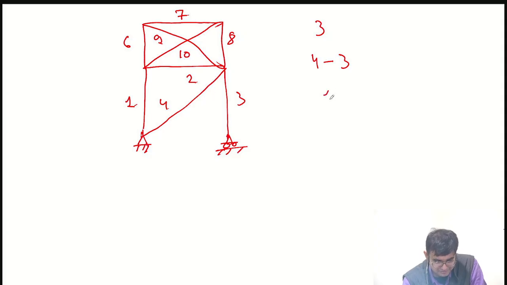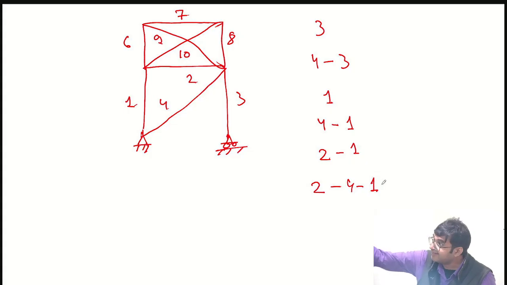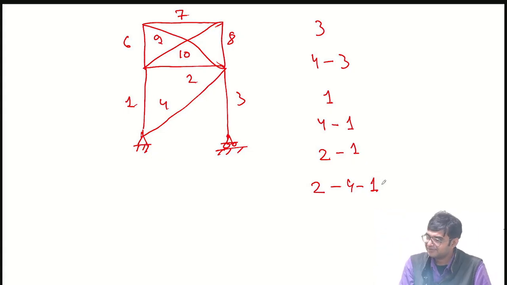So the third path is 1. 4 fails, then 1 fails. Collapse. 2 fails. It need not collapse. If these joints are strong enough, it need not. So 2 fails, and then 1 fails. 2 fails, then 4 fails, then 1 fails. You can understand how many paths there can be. And I can start from the top, which I have not even touched. Because if I touch the top, then 6, 7 and all those things will come into the picture.